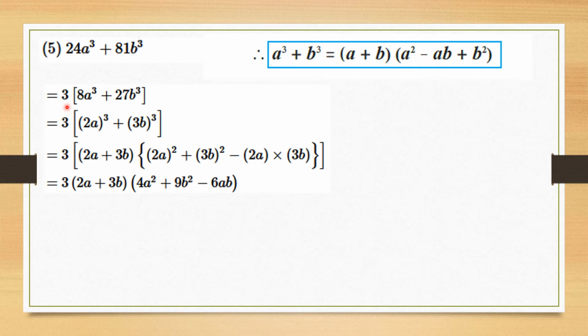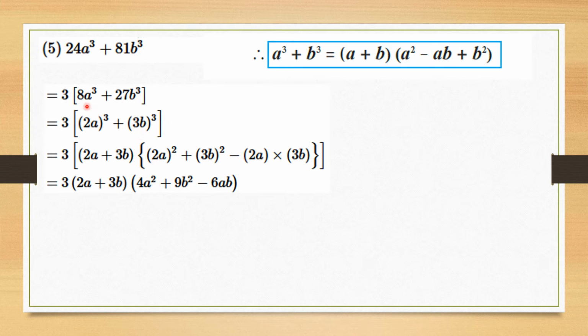So once you take 3 common outside, inside the bracket you will be left with 8a cube, as 3 into 8 is 24, plus 27b cube, as 3 multiplied by 27 is 81. Now this 3 we will keep as it is. Inside the bracket we have 8a cube plus 27b cube, and we know that 8 is the cube of 2 and 27 is the cube of 3.